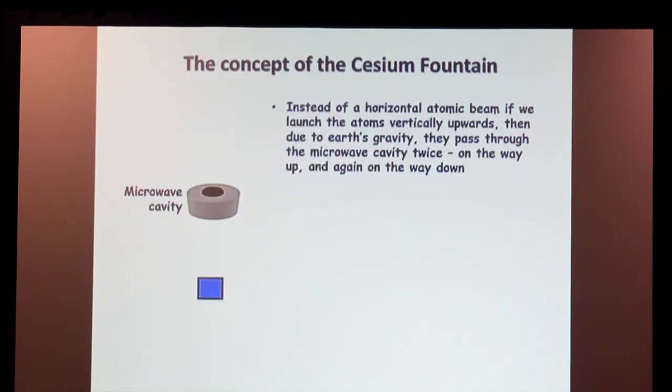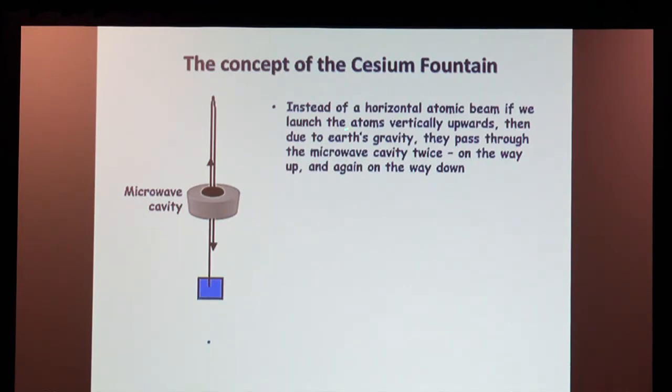So an alternative concept which had been proposed in the early 50s was, instead of shooting the atoms horizontally and making them go through two ends of a microwave cavity, let's shoot them vertically. If we launch the atoms vertically, then due to Earth's gravity, they would go up, go through a cavity, and then come down through the same cavity.